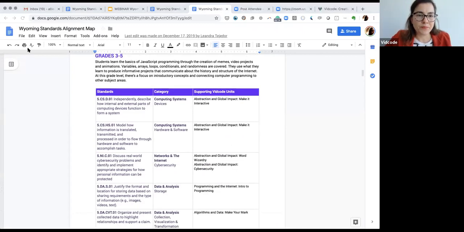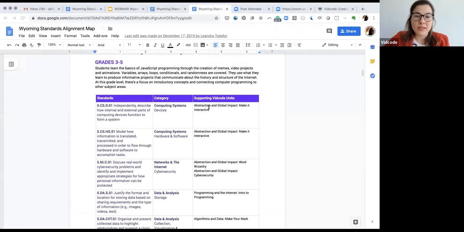With what we went over, let's start to look at how Wyoming has broken down these standards in grades 3 through 5. First off, we see abstraction and global impact. I mentioned it earlier in the presentation, but that's a really great standard. It wants students to independently describe how internal and external parts of computing devices function to form a system.